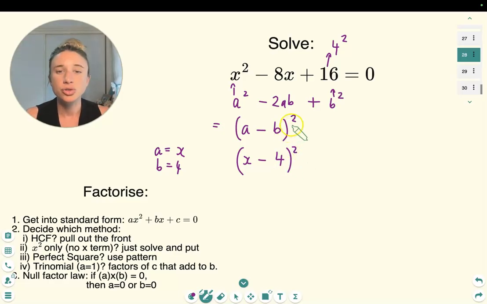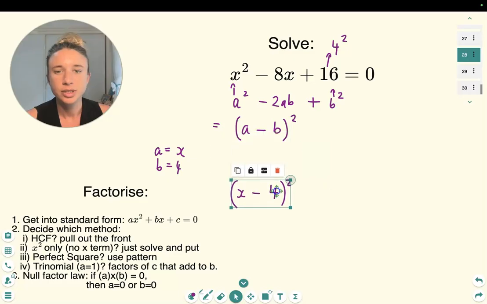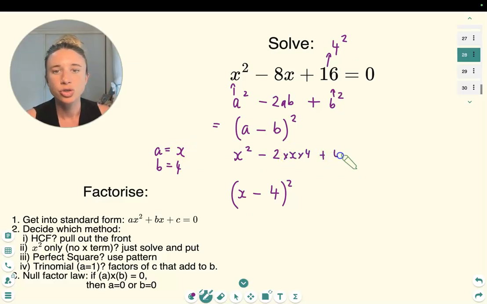And it is also good to check. All right, check whether I get this answer, x squared take 8x plus 16. So one second. We will have x squared take 2 times x times 4 plus 4 squared.